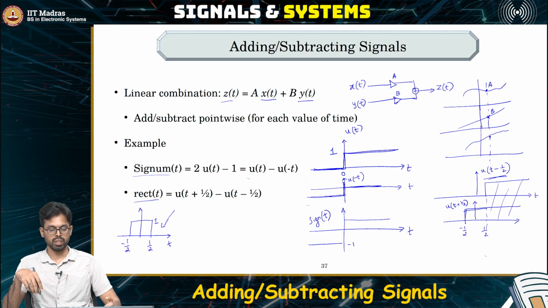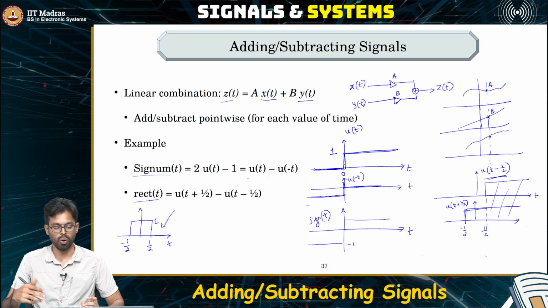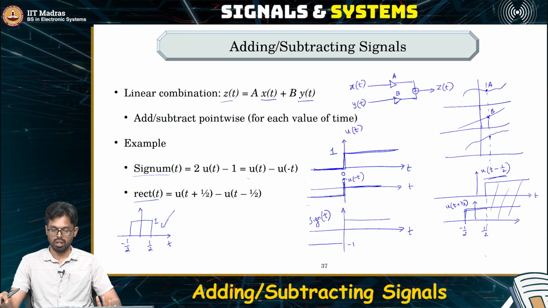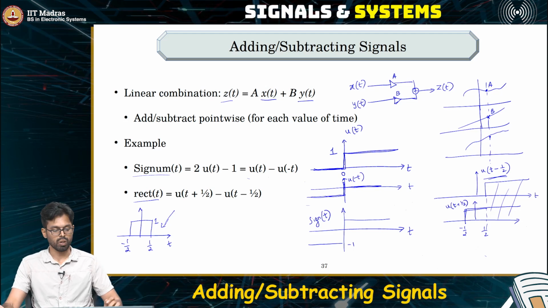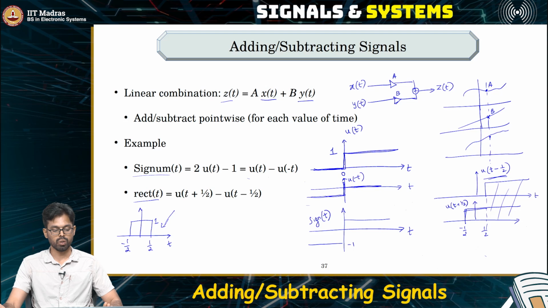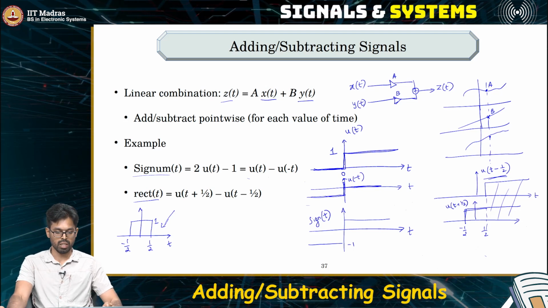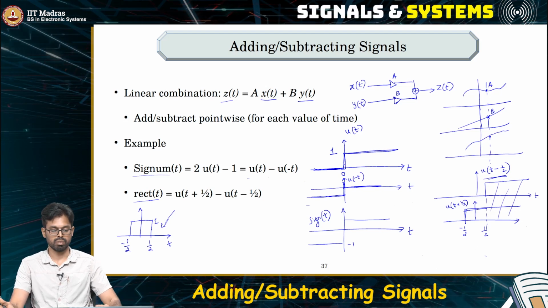So this helps us to represent one signal in terms of the other. Now let's say you know how to analyze step functions completely. You've learned that completely. But you don't know how to analyze rectangular functions. You need not worry, because any rectangular function that you encounter, now you can rewrite or decompose that in terms of the step functions, and then just by using the step function analysis, you can completely analyze the rect function.